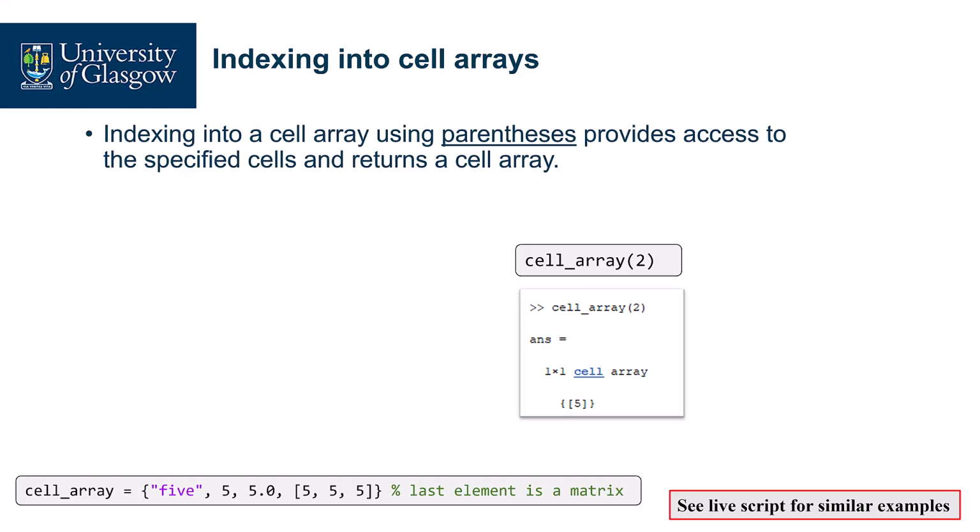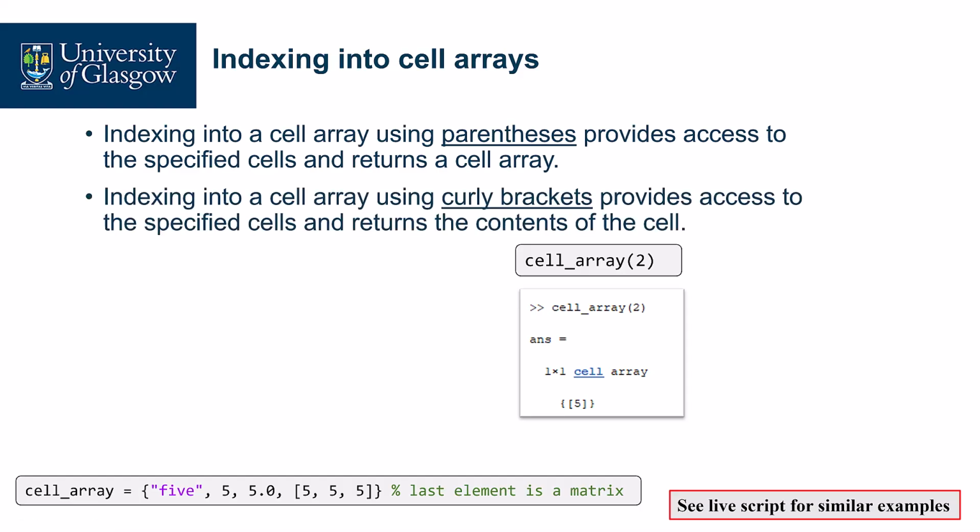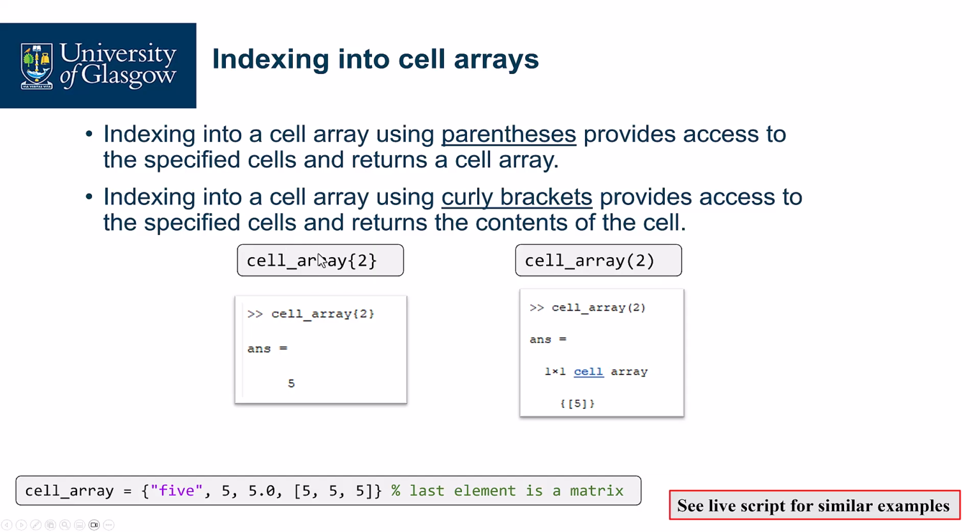Okay. Another way is that we use curly braces to access elements in it. Let's say another one. I still want to index the second element 5. I can write it like this: cell array, curly braces, 2. This means that we want to get the content of the second cell.